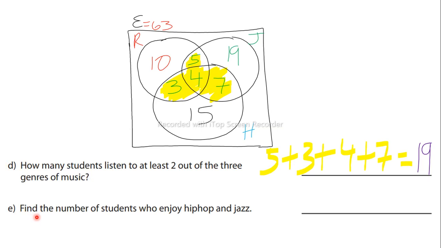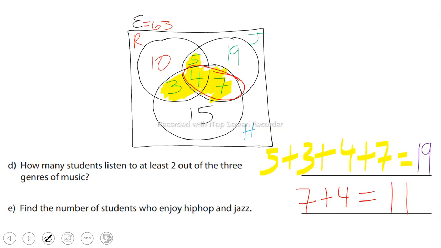Find the number of students who enjoy hip hop and jazz. Let's see, 11. Hip hop and jazz, that's 7 and 4, right? So it's 7 plus 4: 7, 8, 9, 10, 11.